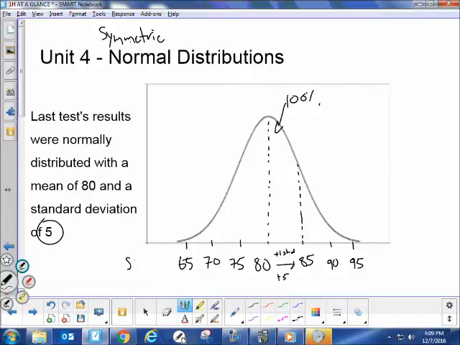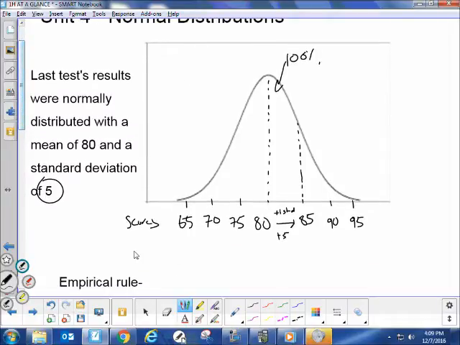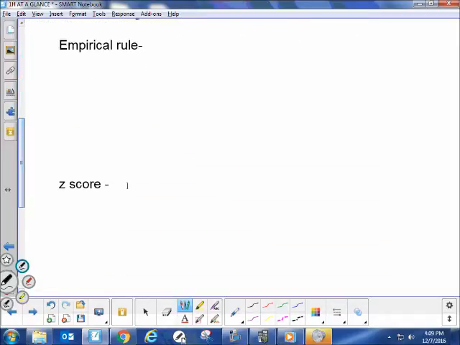Okay, so this is our scores, but it's also important that we know that we can list normal distributions in terms of distances away from the mean. And this is where we have a z-score. A z is a distance in terms of standard deviations from the mean.